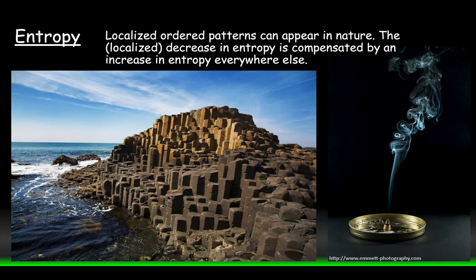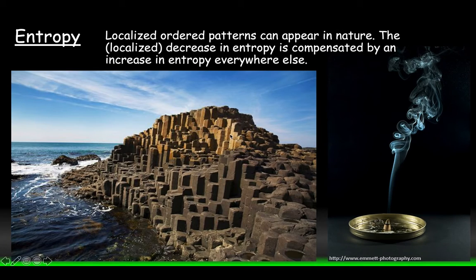This phenomenon is also realized in nature. So here's a picture of Giant's Causeway from Northern Ireland. And it looks like we have a very highly ordered state of some rocks. So all the rocks seem to be in a really interesting pattern. And it is true that locally these rocks are arranged in certain patterns. The structures within these rocks all seem to fit together really nicely. They're in nice geometric shapes.